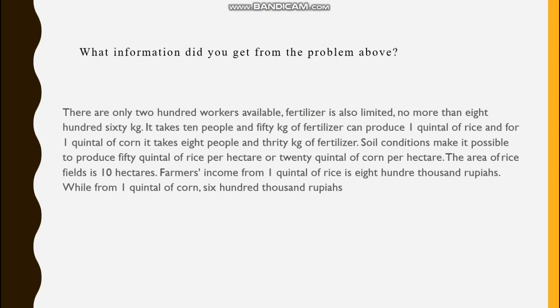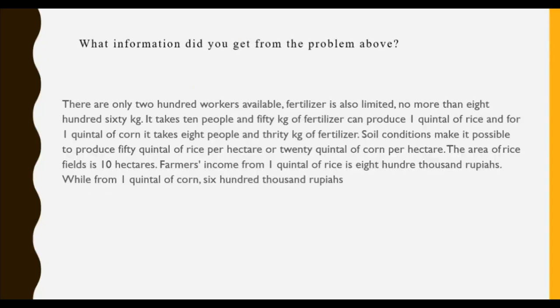Soil conditions make it possible to produce 50 quintals of rice per hectare or 20 quintals of corn per hectare. The area of rice fields is 10 hectares. Farmers' income from 1 quintal of rice is 800,000 rupiah, while from 1 quintal of corn 600,000 rupiah.